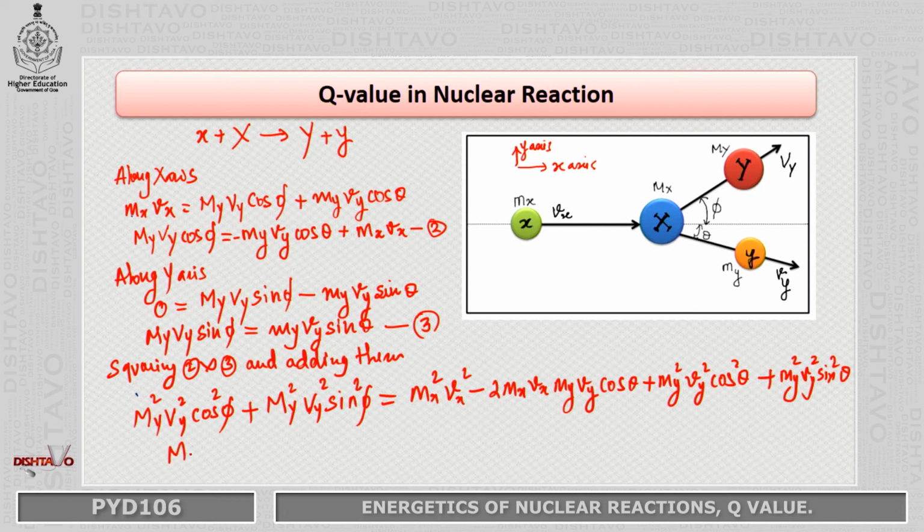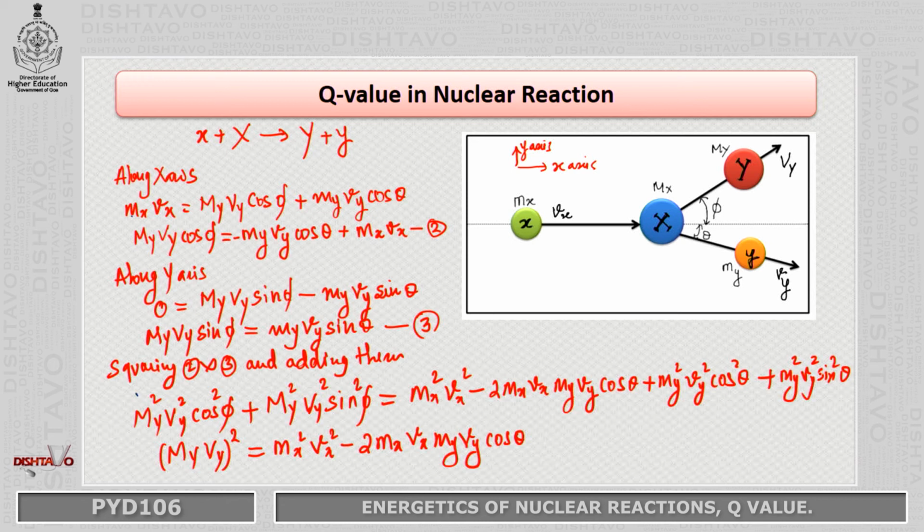So what we will get here at the end is my Vy the whole square is equal to mx square vx square minus 2 mx Vx my Vy cos of theta. Now here we can take out my Vy square common from these two terms.